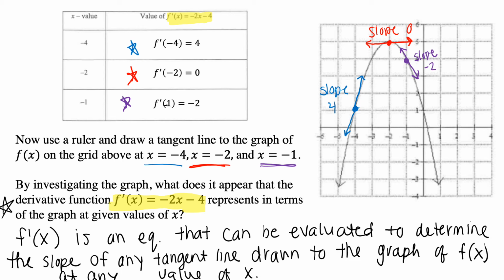So we can say f prime of x, our derivative function, is an equation that can be evaluated to determine the slope of any tangent line drawn to the graph of f of x at any value of x.